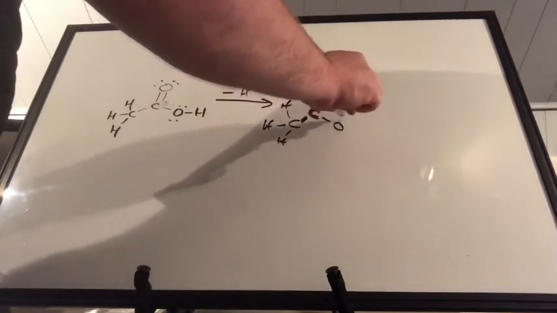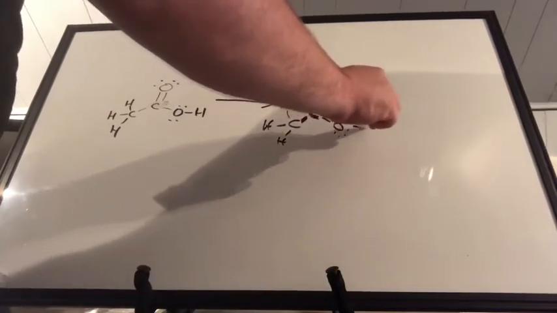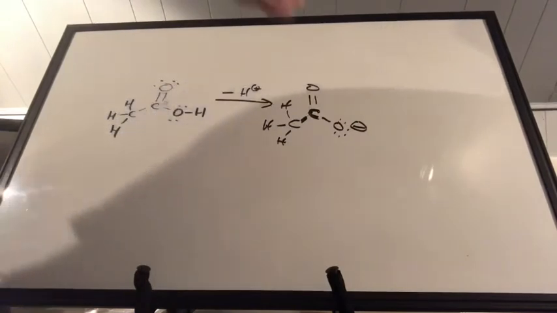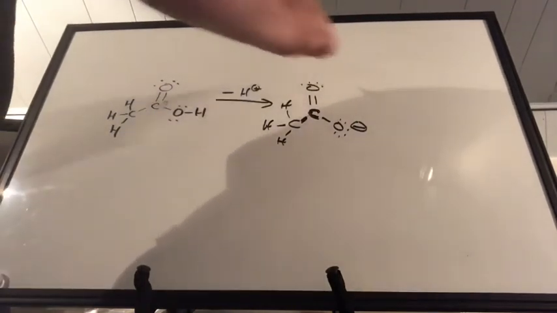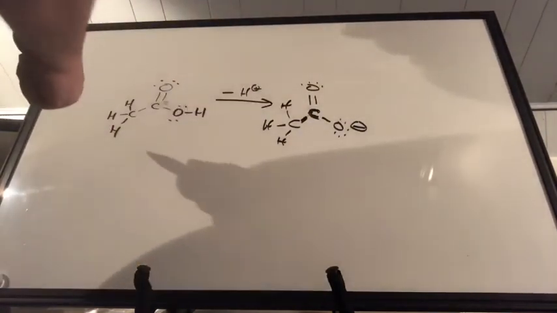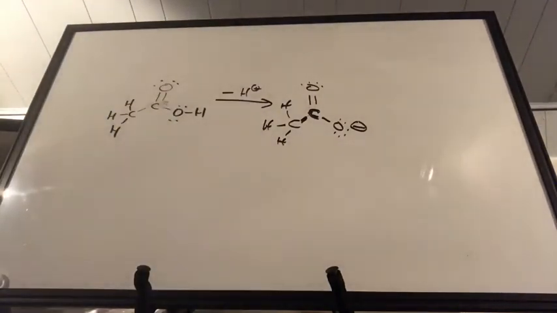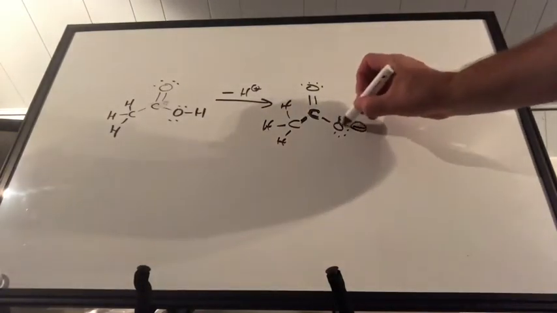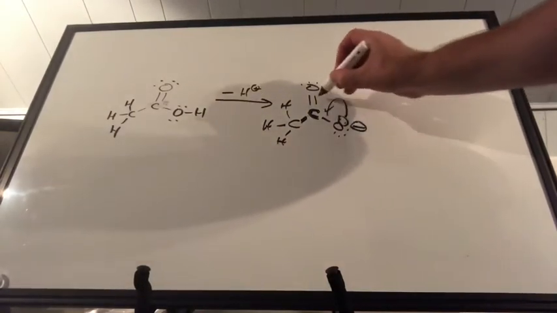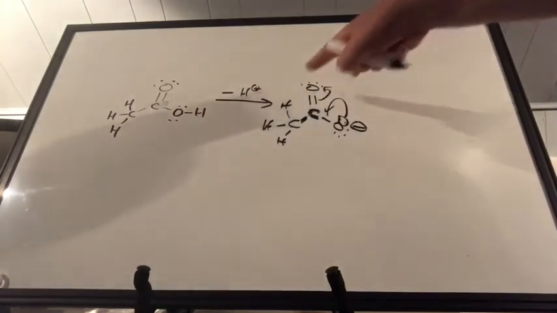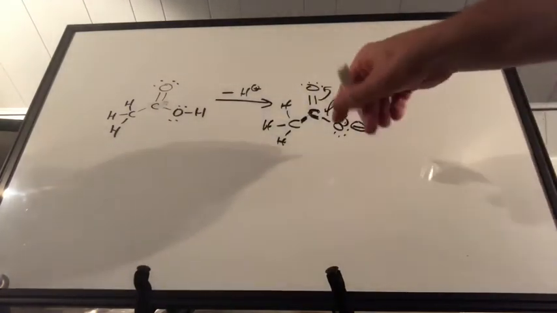Okay. Now, what we see here is an anion, right? But is it a stable anion? Yes, it is. Because these lone pairs can actually flop on down and push these electrons over to where they're on the top now.